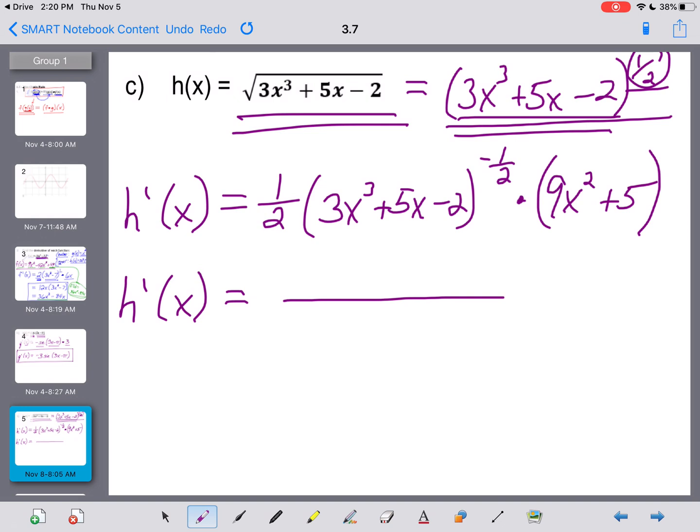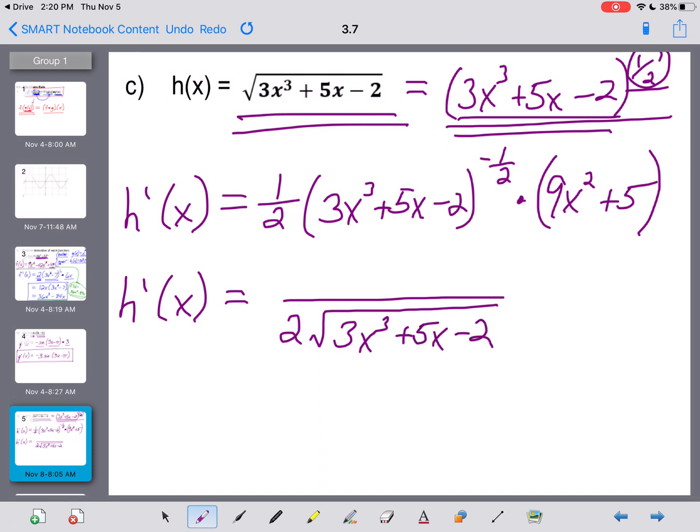All right, the first thing I see is a 1/2. That 1/2 is going to show up as a 2 on the bottom. The 3x cubed plus 5x minus 2 is being taken to a negative 1/2 power. The 1/2 means it's going to be a square root, and the negative means we're going to put that square root on the bottom of this fraction. But the radicand stays the same, 3x cubed plus 5x and a minus 2.